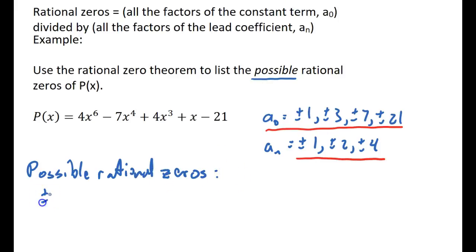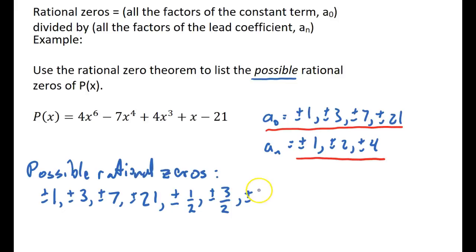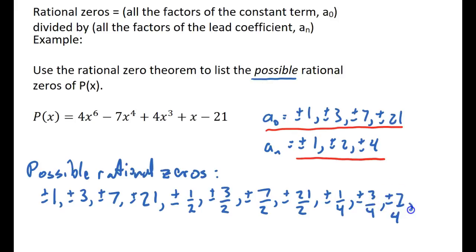It's going to be plus or minus 1 over 1, plus or minus 3 over 1, plus or minus 7 over 1, plus or minus 21 over 1. Plus or minus 1 over 2, plus or minus 3 over 2, plus or minus 7 over 2, plus or minus 21 over 2, plus or minus 1 over 4, plus or minus 3 over 4, plus or minus 7 over 4, and finally plus or minus 21 over 4.